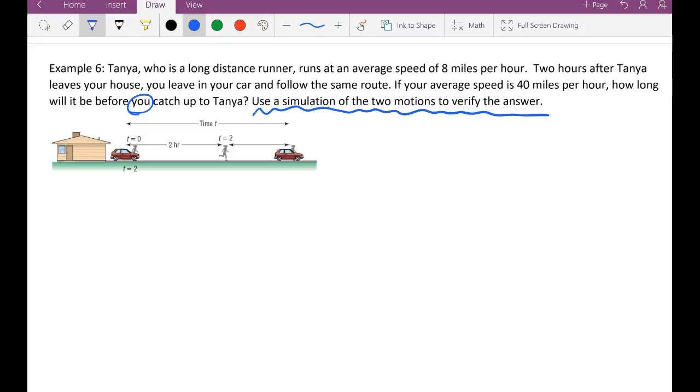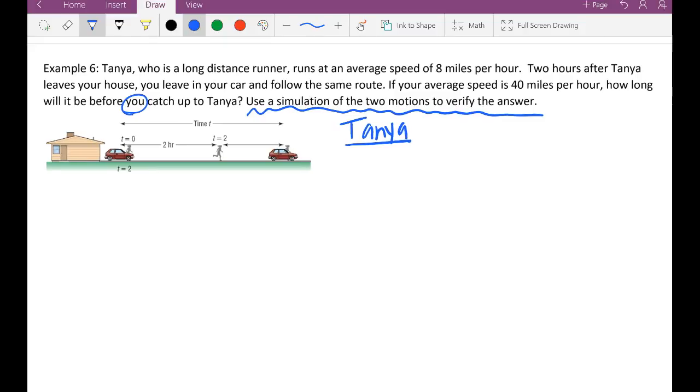So let's talk about Tanya. She's a runner. I am totally not a runner. She has an average speed of 8 miles per hour. So that's horizontal distance, I'm going to use x. I'm going to have Tanya and you in a car, 4 wheels. All right, so 2 equations.